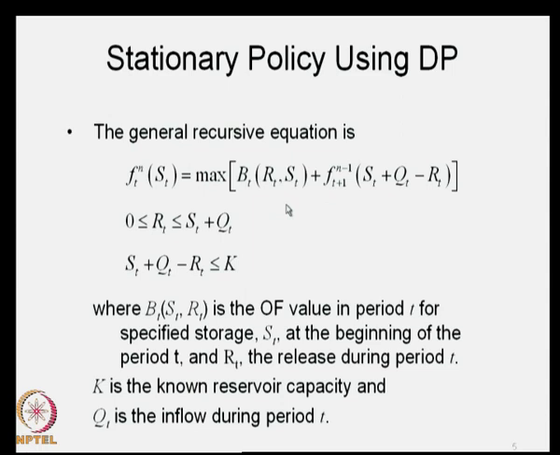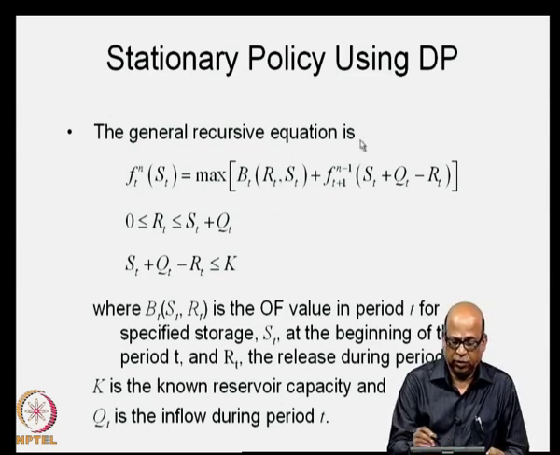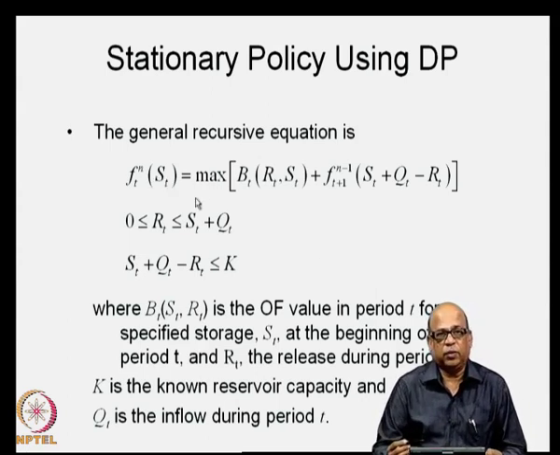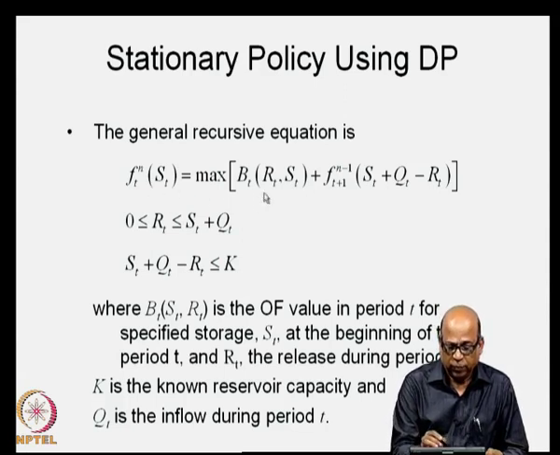Okay, now, if you recall your recursive relationship, again I request you to go to lecture number 16 and 17, where we have introduced this, but you just understand that you are solving for time period t, which corresponds to stage number n, and S t is your state variable, which is a storage at the beginning of the time period t.